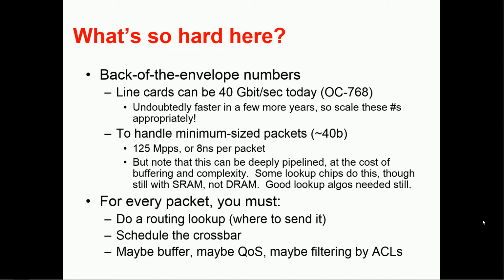And that also means dealing with large amounts of packets. Looking at the second bullet point, it had to be able to process 40 billion packets per second, or 8 nanoseconds per packet, and that's processed, sent, all of it.